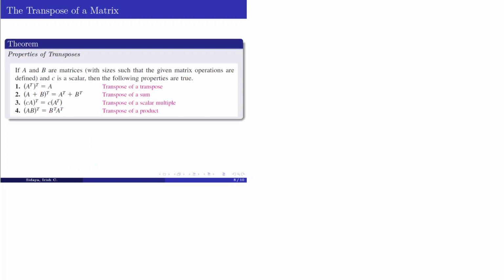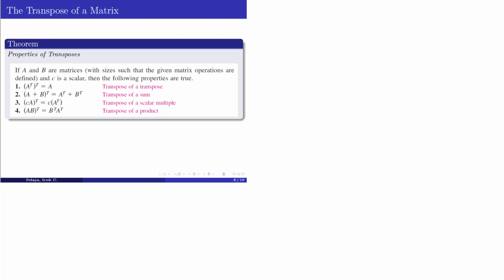Now we have the properties of the transpose. So first, if A and B are matrices with sizes such that the given matrix operations are defined and c is a scalar, then these properties are true.